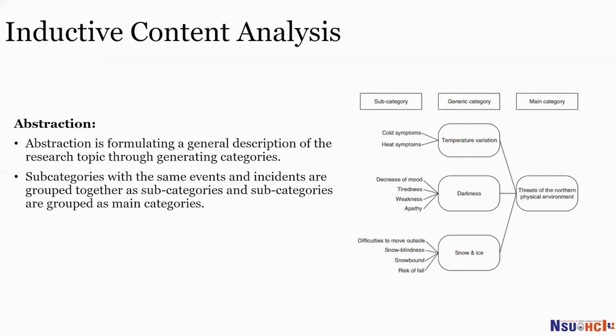In a brief discussion, you definitely have more than hundreds of codes at a time. So you have to group them, then make categories. There might be some subcategories, and then you have to narrow down your categories with the generic category, and then come to the main point, because we cannot describe all such codes in our paper when we write it.